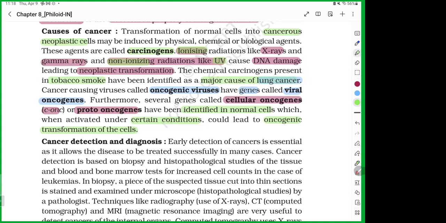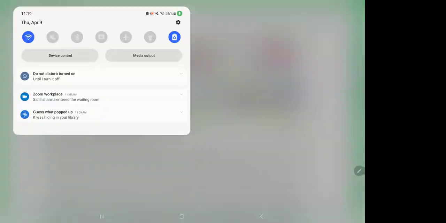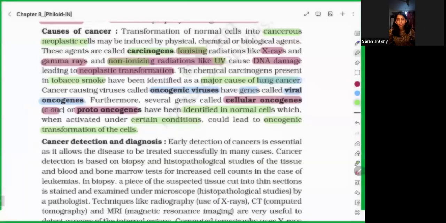Anything that is causing cancer is a carcinogen. Now there are different versions. Radiation can produce it, then it is a radiation carcinogen. Chemicals can produce chemical carcinogen. A special gene in the cell, or a biological agent, some virus can cause cancer, then oncogenic virus. Understood, Sarah? Yes, sir.